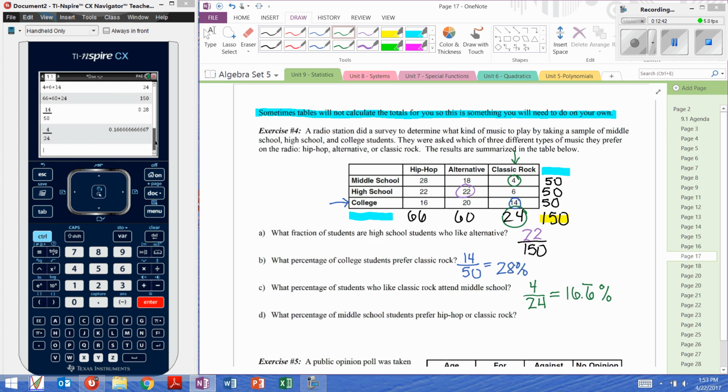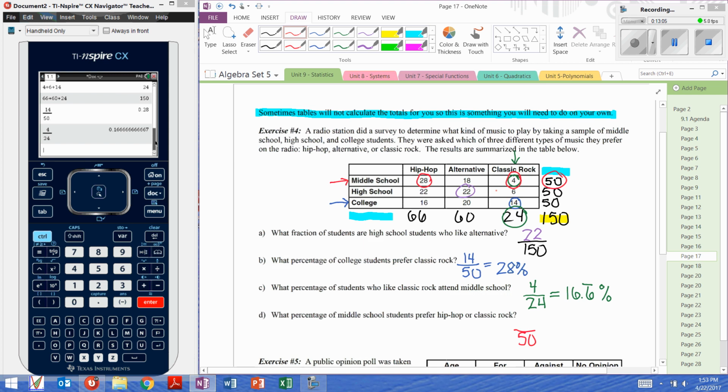All right, D, we're almost there. D says, what percentage of middle school students? Okay, so now we're looking at the middle school student total, which is 50. Prefer hip hop or classic rock? Oh, they're trying to trick us here. So hip hop or classic rock.